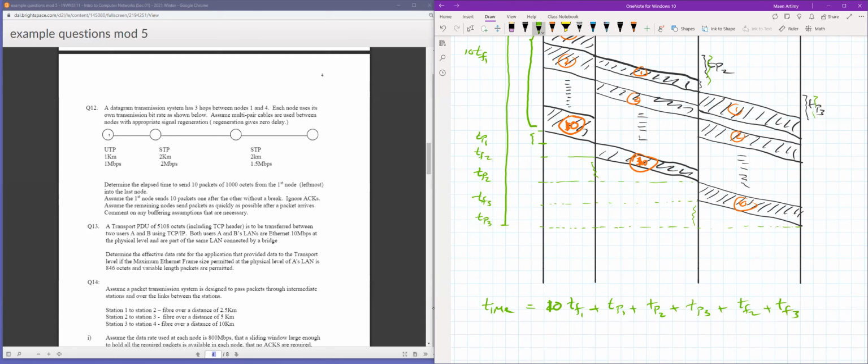Did I get this right? So 10 TF1 is here, TP1, TP2, TP3, I wrote them here, and then TF1, TF2, and TF3 here.